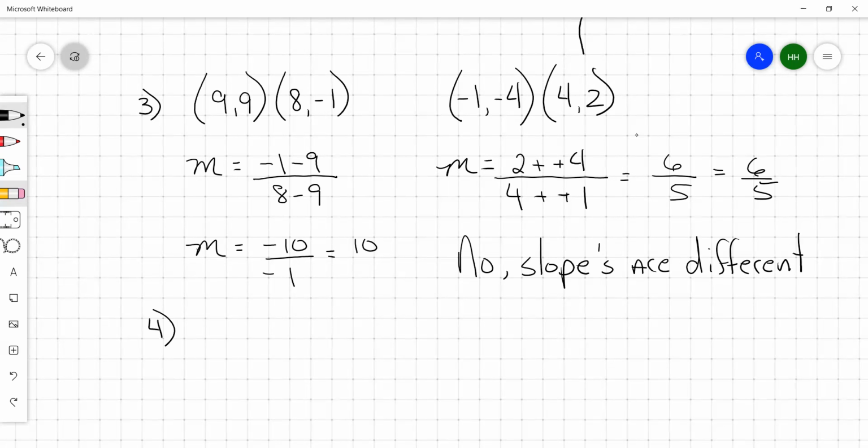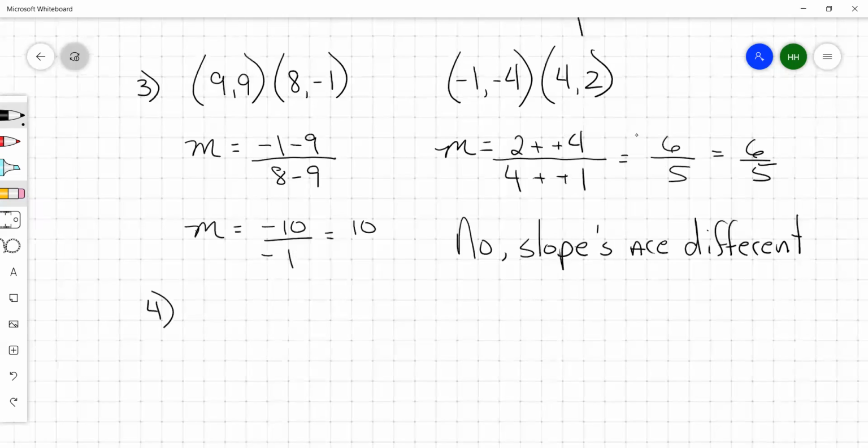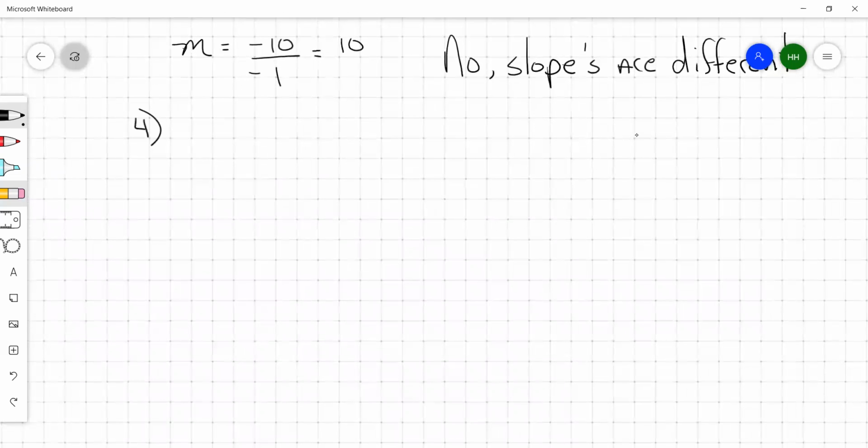And then number 4. What is the equation in point slope form for the line parallel to? All right, so we've got one line that's at 7x minus 6. This second line has to go through the point -8, -6.